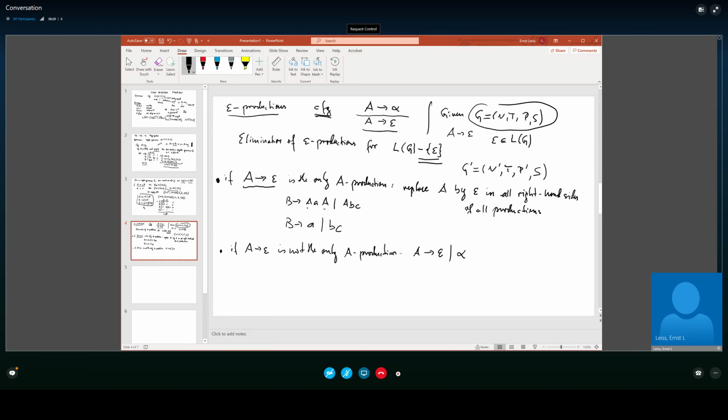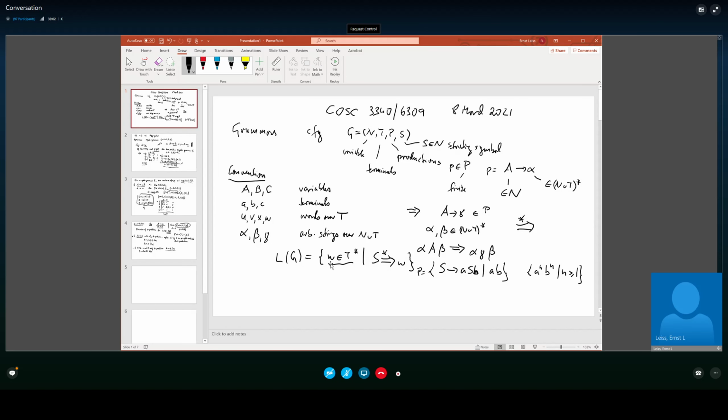So let's take the same B goes to A, or A, B, C. Well, now we have two possibilities. Either we use A goes to epsilon to get rid of the A. Remember, eventually we have to get rid of the A because we want to get a word that is generated by the grammar, and that word then has to be over the terminals alone.